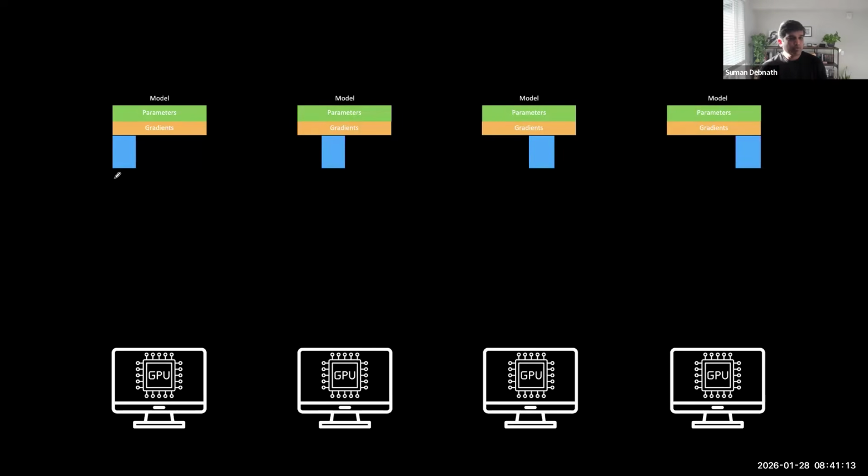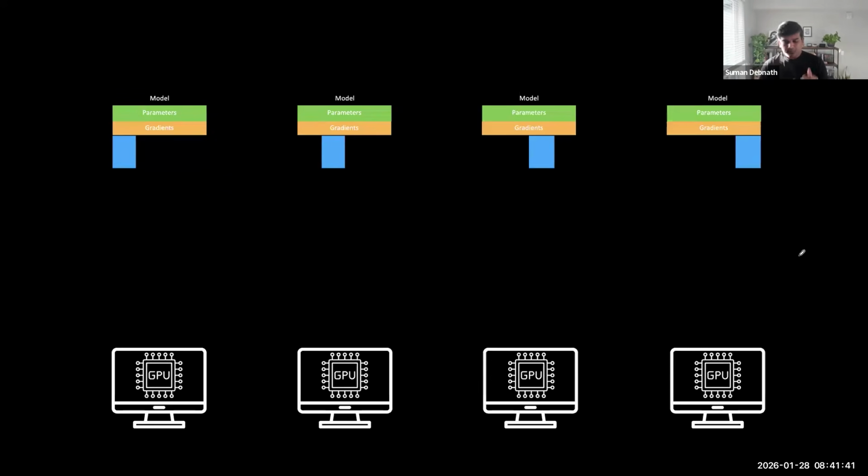So the first GPU might have the optimizer state of the first 25% of the parameters, the next 25% would be here, the next 25% here, and the next 25% here. If you have 100 parameters, the optimizer states for the first 25 parameters would be in GPU 1, and the last 25 would be in the last GPU.